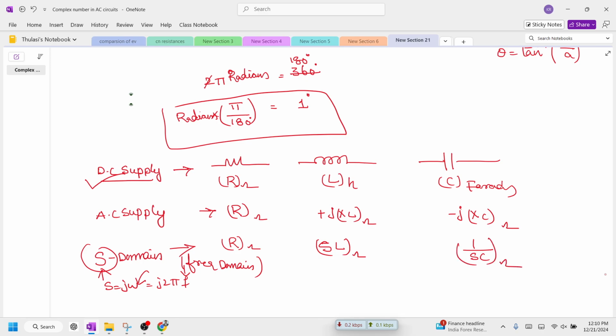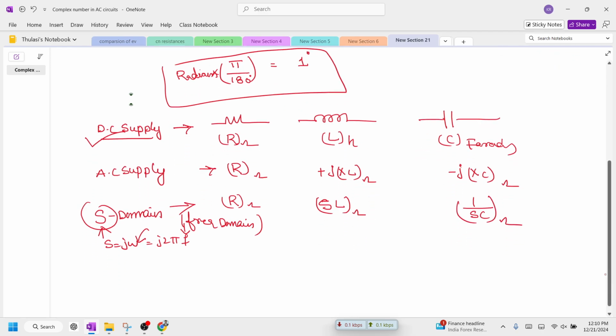This is very, very important. Now, how do we write the impedance? Here the impedance Z, with the combination of R and L, is R plus j XL ohms.